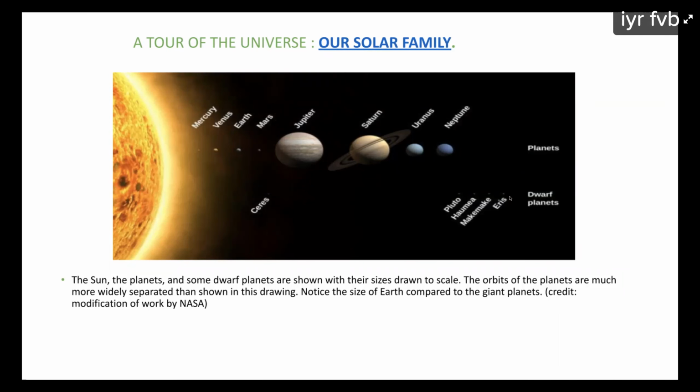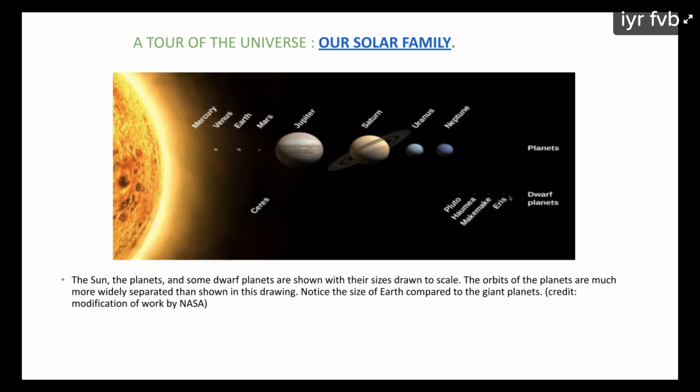Pluto was a planet when I was learning astronomy, but due to this new definition for planets, Pluto has become a dwarf planet now. Now we have only 8 planets in our solar system.